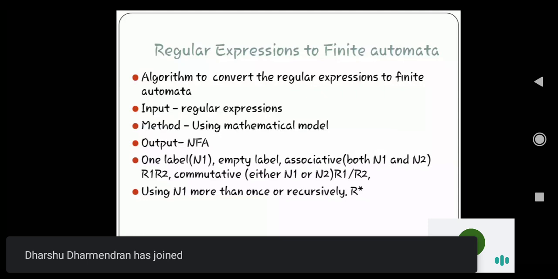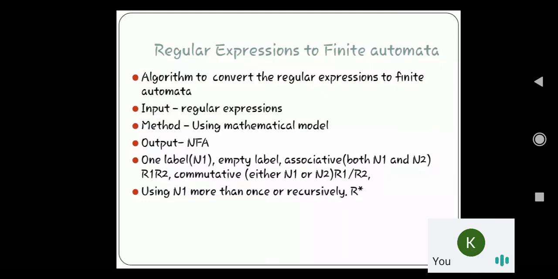Because for N1 you have an initial state, but for N2 you don't have its own initial state, because the merged state is going to act like the initial state for N2. And for N2 you will have a final state. So whatever the label that you're going to pass, it has to pass through both N1 and N2, and finally it will reach the final state of N2, and then it produces the results.